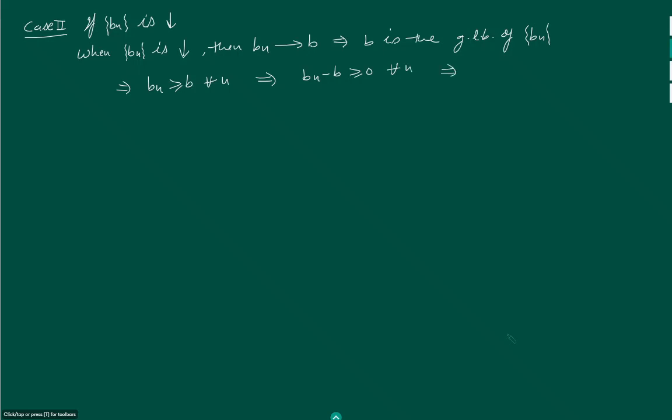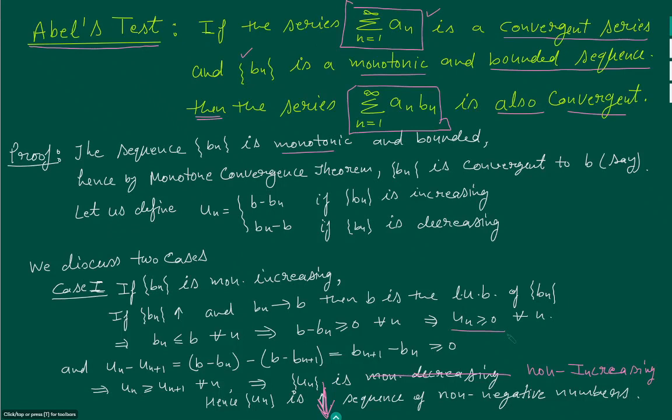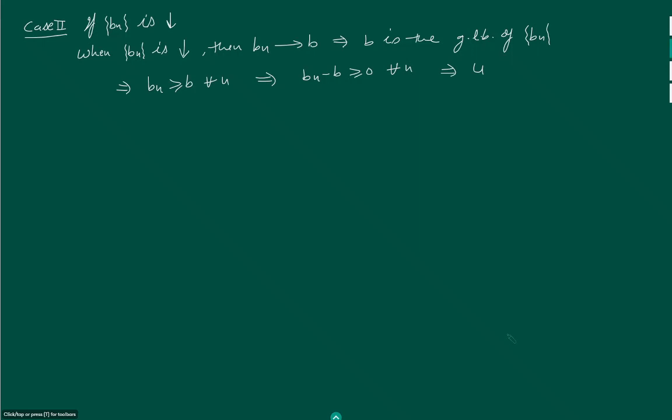In the case when Bn is decreasing, we define Un to be Bn minus B. So Un, which is Bn minus B, will be greater than or equal to 0 for all n.